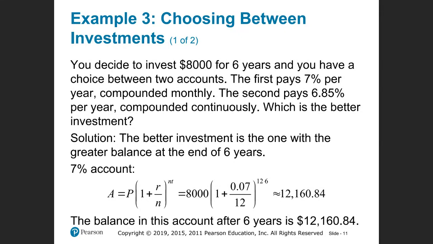And then when we get this, we add the 1. We're going to raise this to the 12 times 6 value or exponent. Multiply by 8,000, and this is approximately $12,160.84. So this would be the balance in the account after 6 years for the first option that we have.